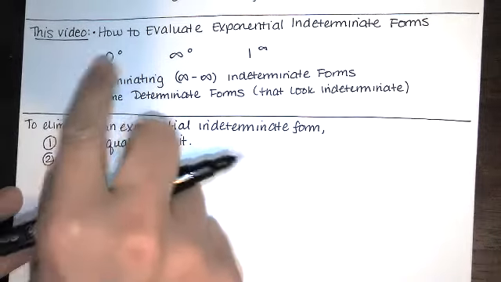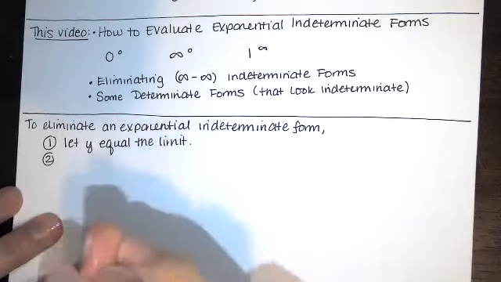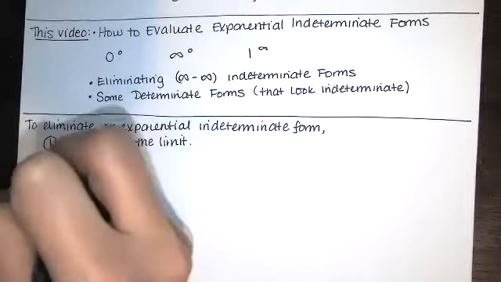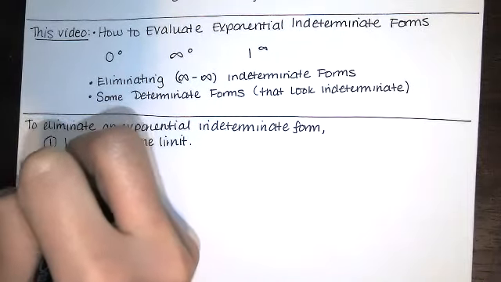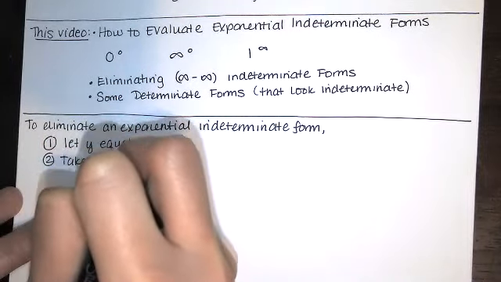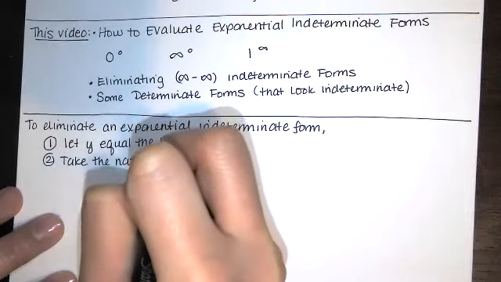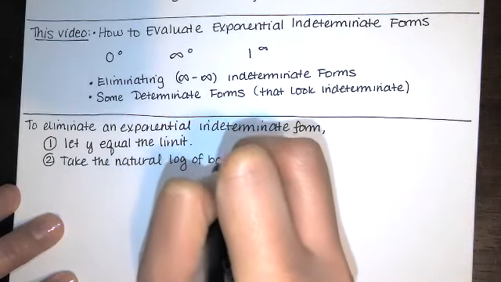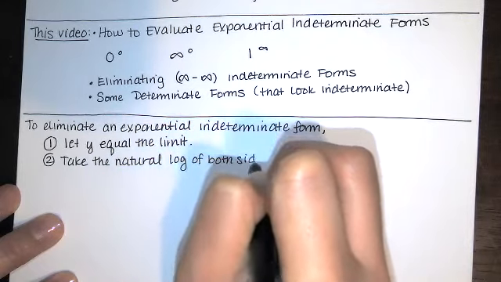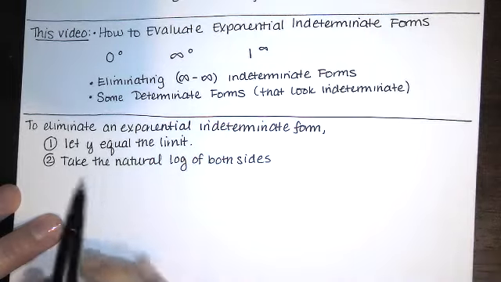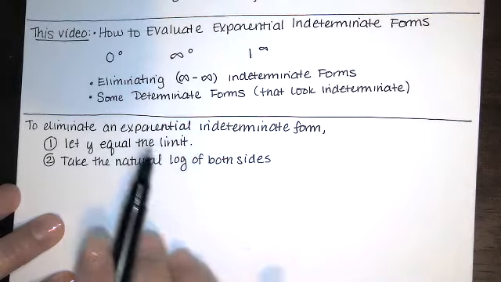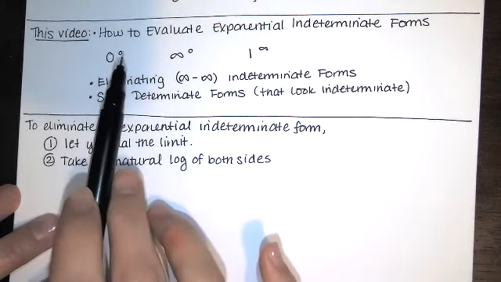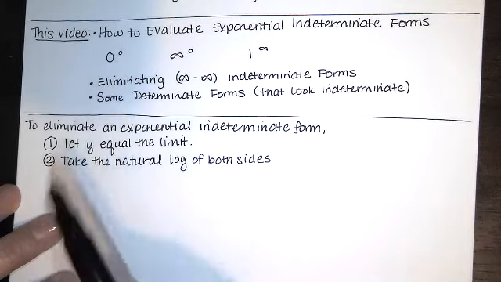And we're trying to get rid of that exponential form. So we're going to take the log of both sides. I usually use the natural log. Some people like to use the log base 10. It really doesn't matter. The whole point of taking the natural log of both sides is to be able to rewrite that exponential function as a product.